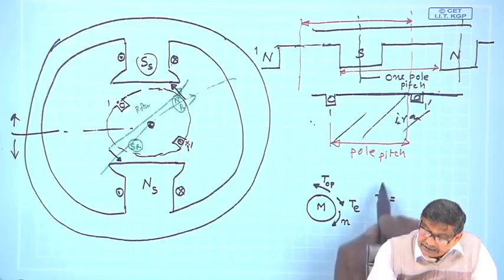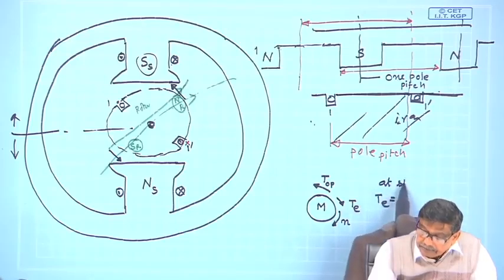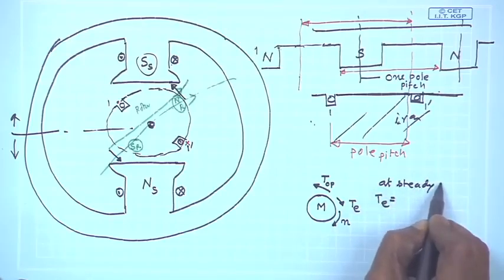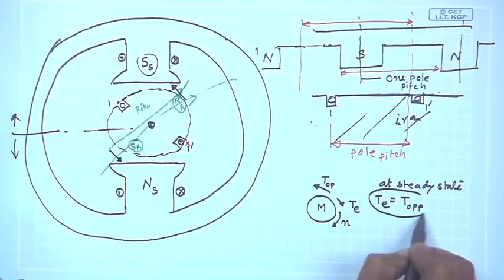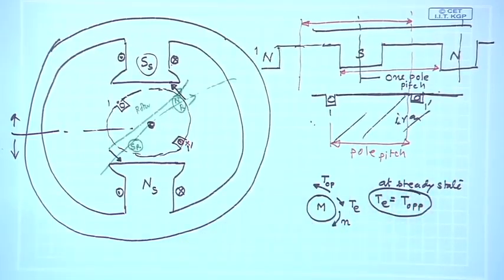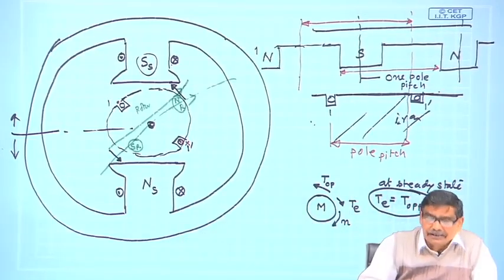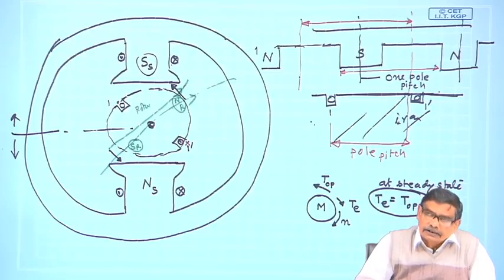And at steady state, T must be equal to T opposition. The machine will find out its own steady state operating point, as we have seen in the case of a single conductor generator.